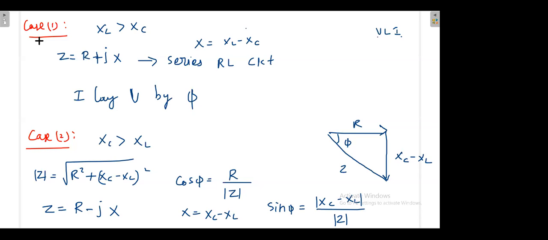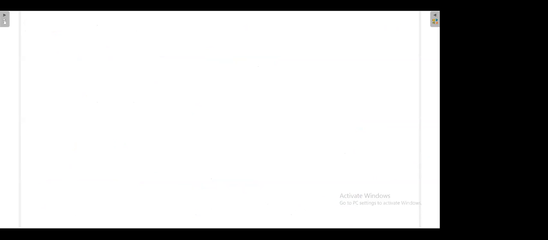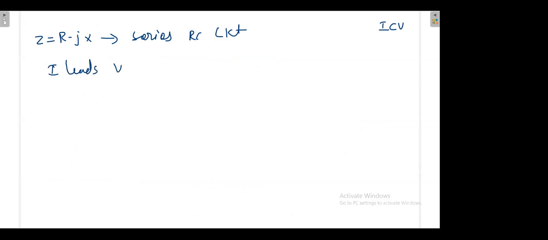If Z is equal to R minus jX, then that is a series RC circuit. Once it is a series RC circuit, which one will lead? Current will lead. So I leads V by phi. This is the idea.